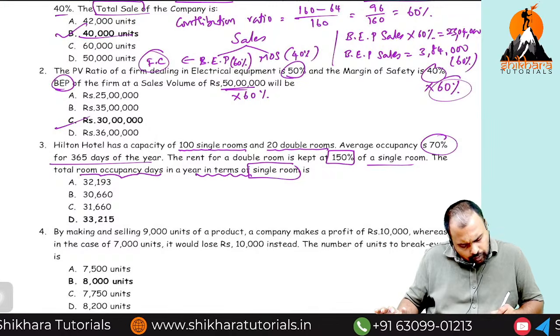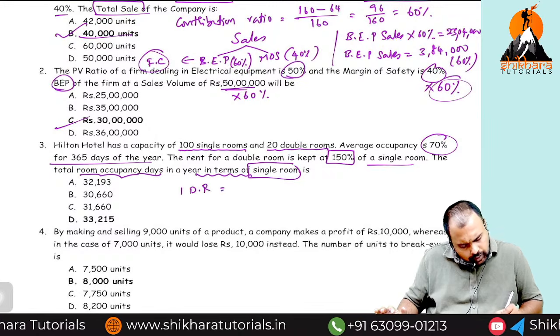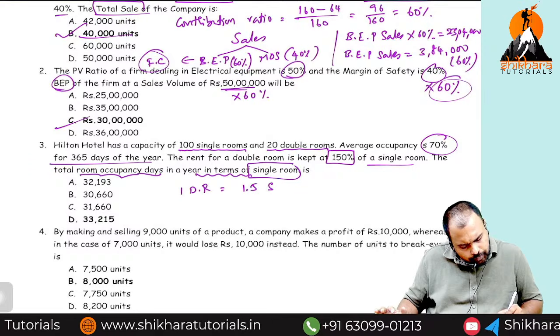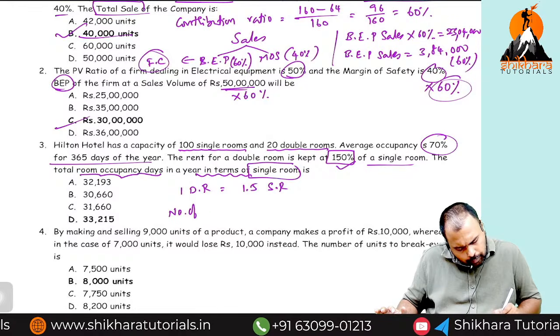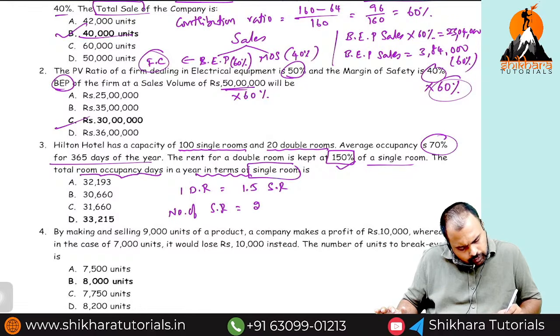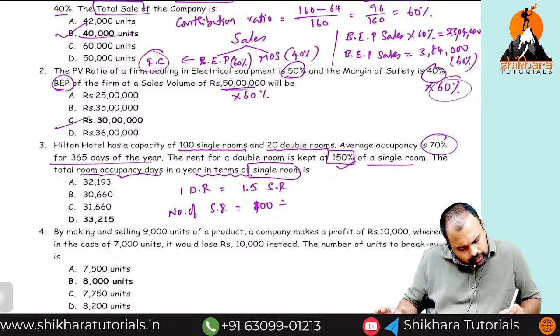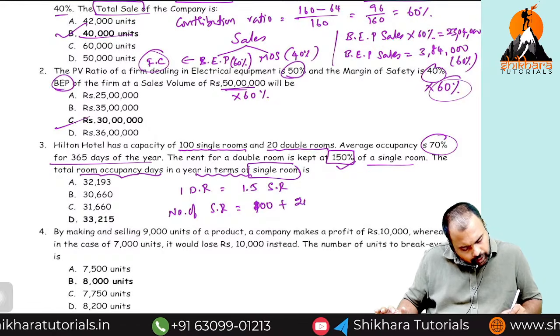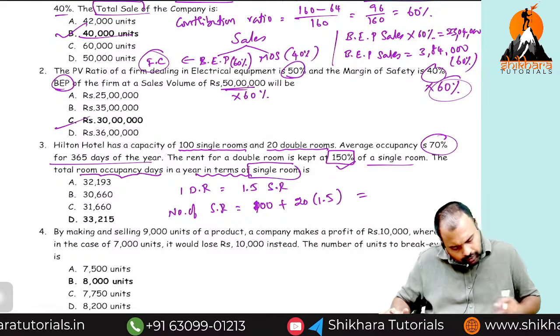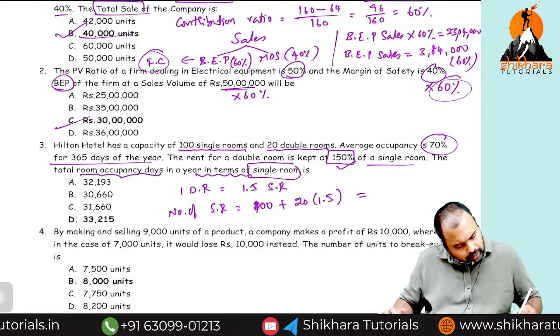Now, one double room is nothing but 1.5 single rooms. Clear? Then how many single rooms? Number of single rooms is equal to 100 plus 20 into 1.5, which is equal to 130 rooms, sir.